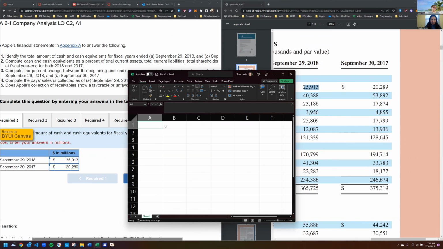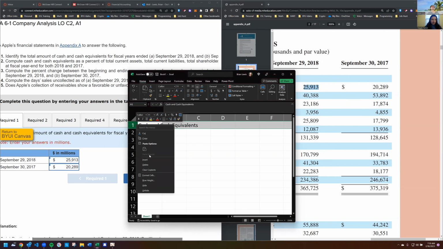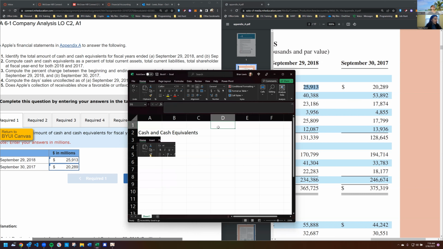So we've got cash and cash equivalents, and let's insert 2018 and 2017.